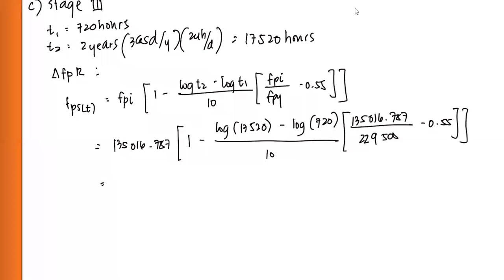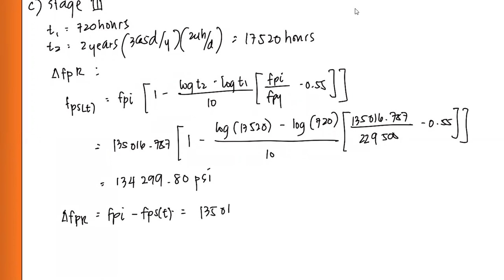So yung value natin is 134,299.80 PSI. Okay? Then yung ating magiging loss due to relaxation will be FPI minus FPST. So that is 135,016.787 minus 134,299.8. So yung ating loss due to relaxation is 716.983 PSI.